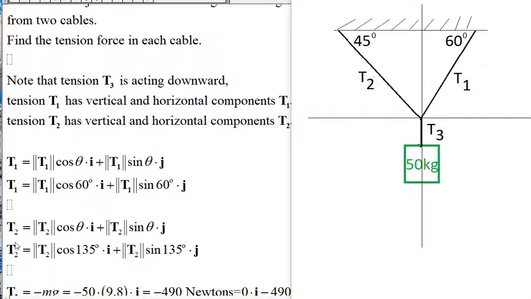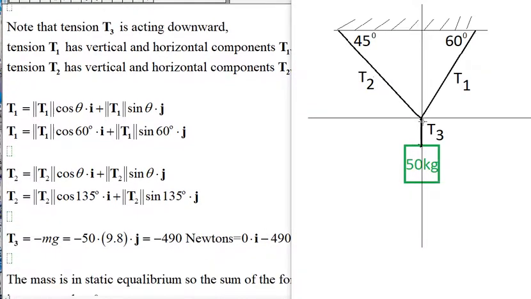And so we can write vector t2 as the magnitude of t sub 2 times the cosine of 135 degrees plus the magnitude of t sub 2 times the sine of 135 degrees, times the standard unit vectors I and j.